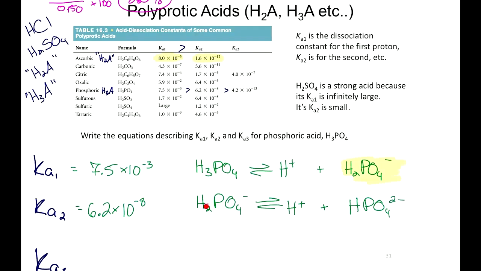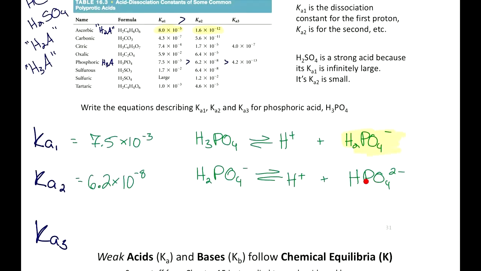So H2PO4 minus is the acid because it's doing the donating. HPO4 2 minus is its conjugate base. But here's the thing. This product we just made, can this still act like an acid? Yeah, because there are still protons left. So that is what Ka3 is. Let's take the product in the previous reaction, HPO4 2 minus, and this has a value of 4.2 times 10 to the negative 13.